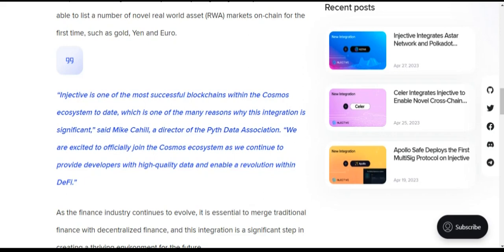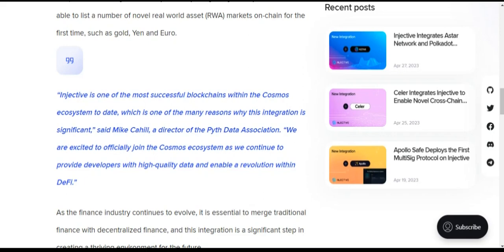Tendermint Core consists of two main components, a consensus algorithm and a peer-to-peer network protocol. The consensus algorithm ensures that validators agree on the same set of transactions in each block, while the network protocol allows validators to communicate with each other.